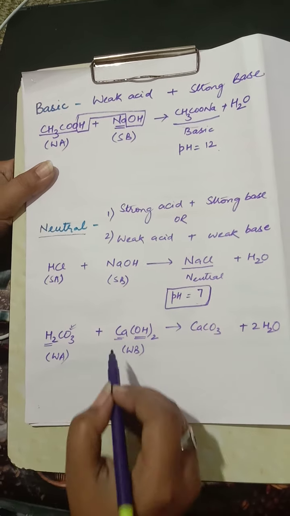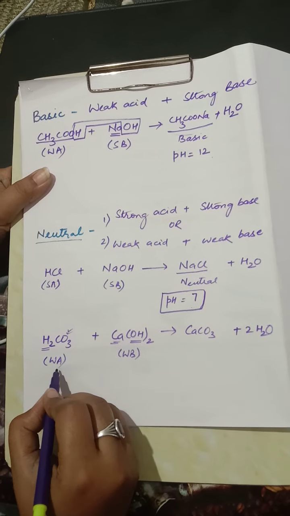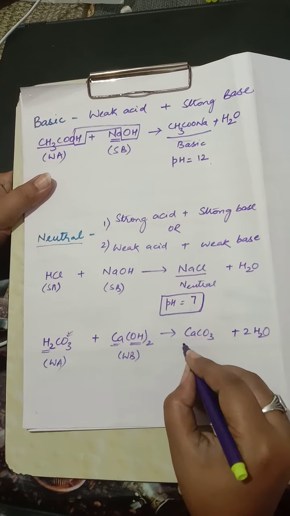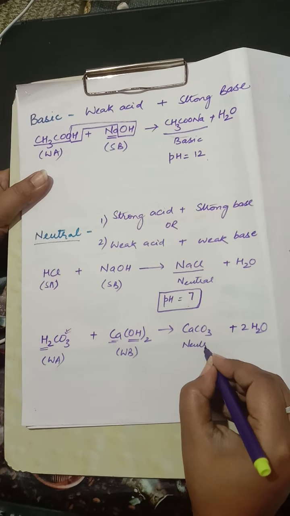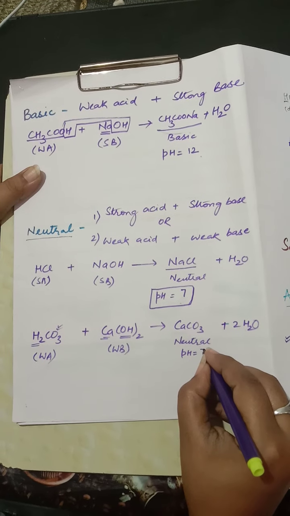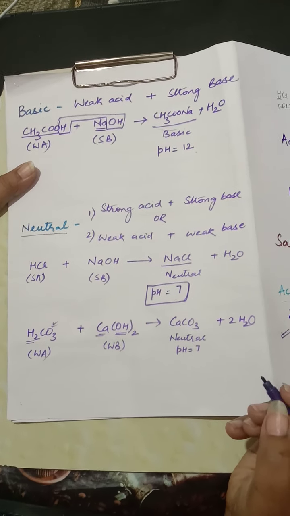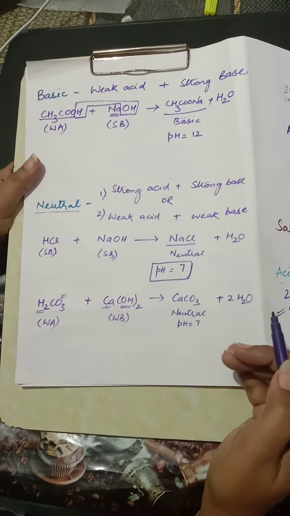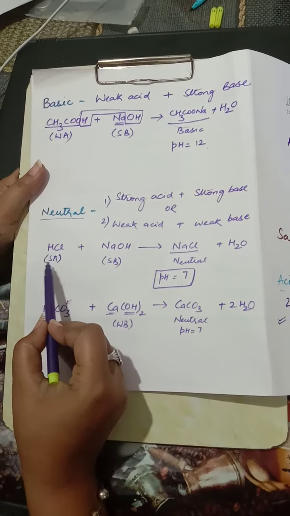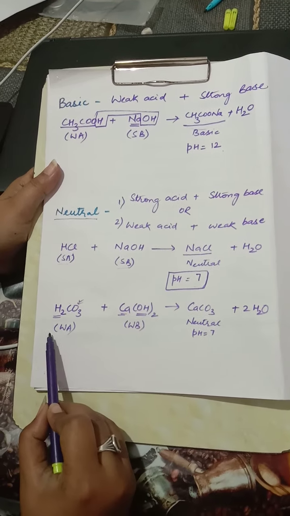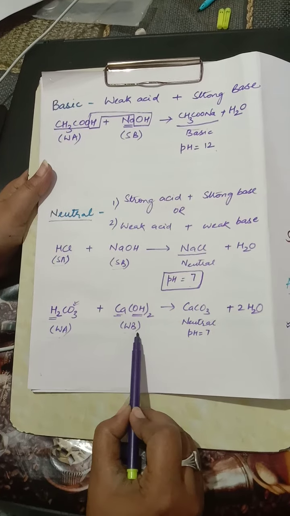In this reaction, weak acid is neutralized by weak base, so the salt formed is neutral in nature and its pH value is exactly 7. So, we can conclude that neutral salts are formed by either strong acid and strong base, or weak acid and weak base.